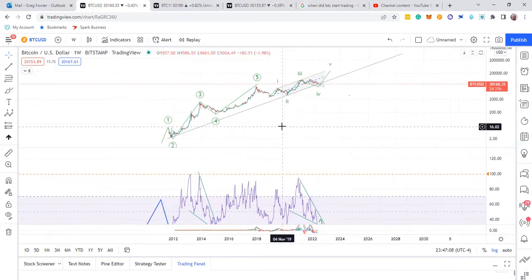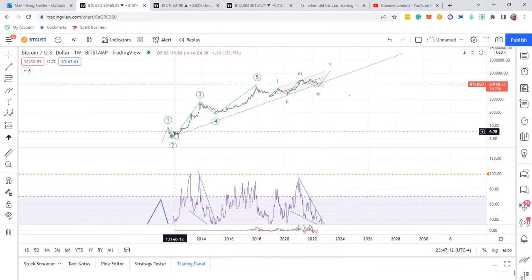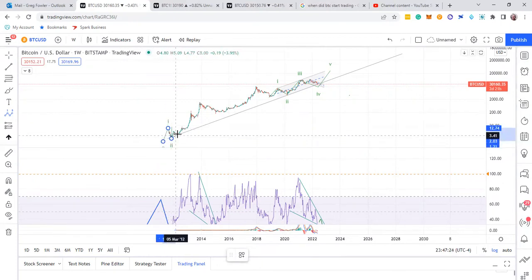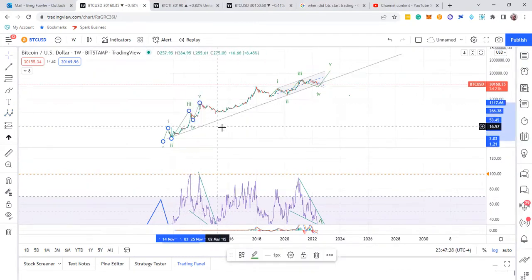That doesn't make any sense to me either, just because of this RSI. So some would say that you have a count like this, 1, 2, 3, 4, 5.